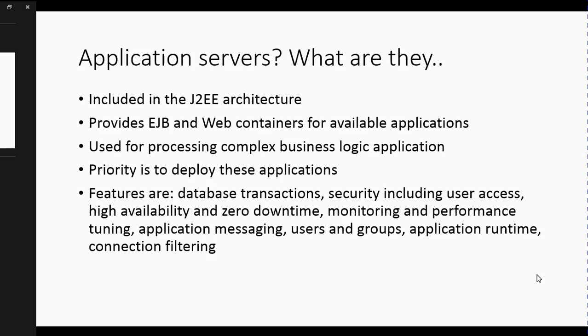Without a messaging mechanism for those different tiers to communicate, it would be difficult for the application server to deploy the application for you. Since I'm referring to J2EE, it definitely includes a messaging system, so that the different tiers can communicate and the right application can be deployed.